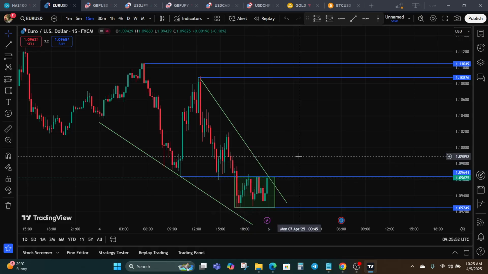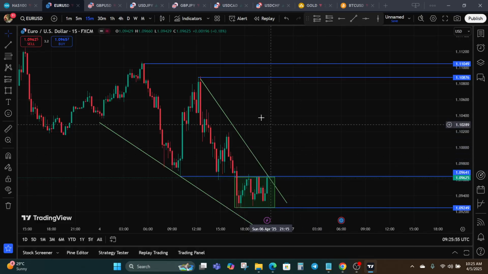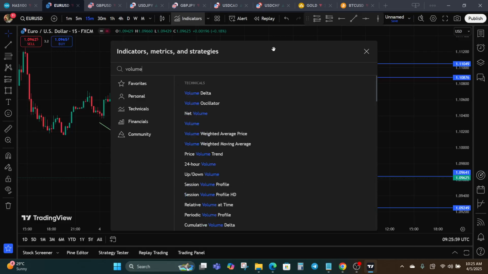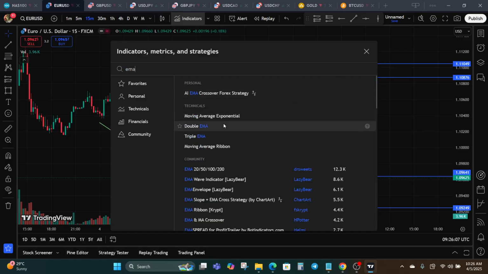And here's where our two tools come in. We're going to be using the volume indicator and the moving average, specifically the 20 EMA.